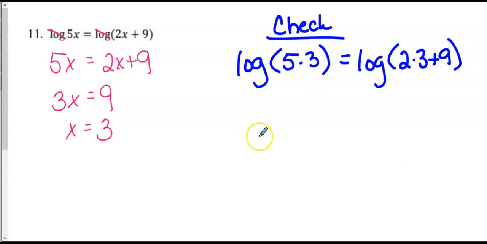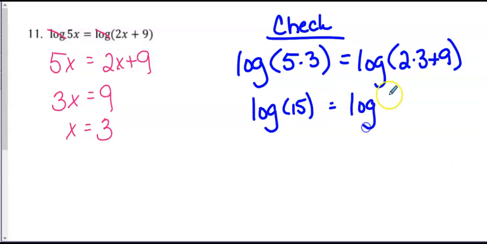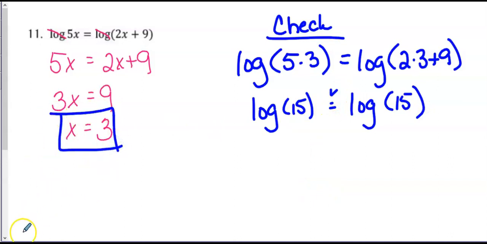We just have to do the math here just to make sure they match up. Log 15 equals log 15. And so those check out, and so my answer is x equals negative 3.